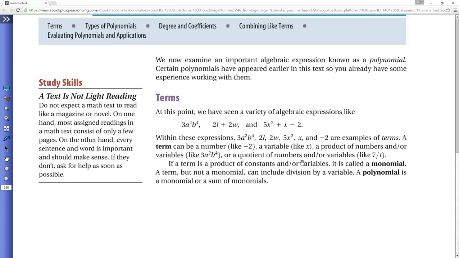Well, mono means single, and this is another thing of a term or a part. So mono is a single term, poly means many, so you have multiple terms.